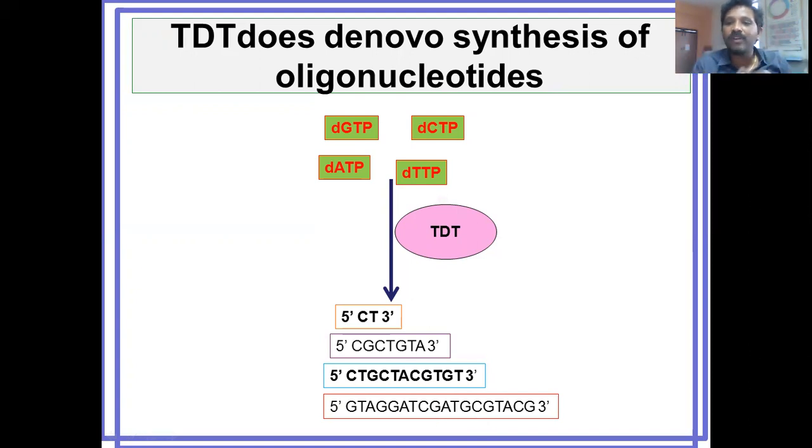For synthesis of 15 bases, there is no requirement of an initiator complex. If you want a single-stranded DNA longer than 15 bases, then you have to add the initiator complex, whose length is 3 bases and consists of 5' phosphate and 3' OH. No other enzyme can do this. De novo synthesis is not possible with any other polymerase, only this one.